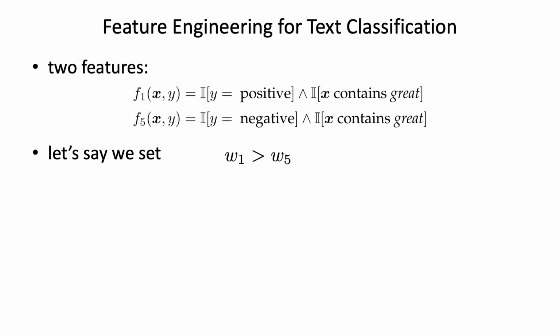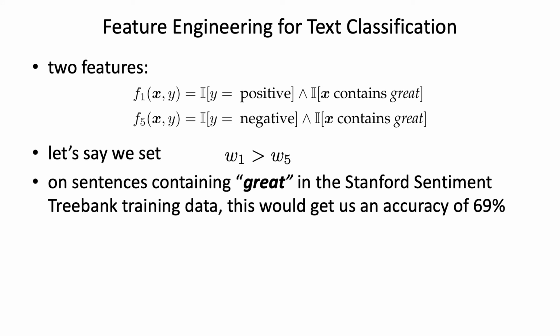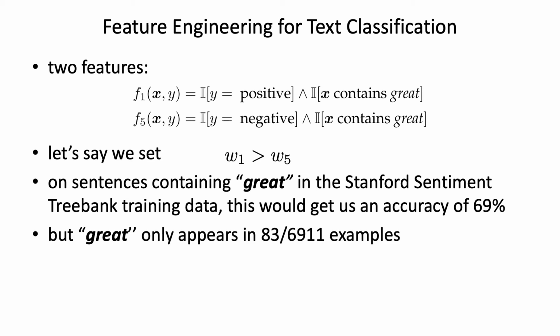Okay, back to these two features that were non-zero for our test instance. We're going to be learning these weights from data, as we'll see in the next few videos. But suppose we set W1 to be larger, and say we have no other features in the model, then on sentences in the training set with the word great, this classifier would have an accuracy of 69%. But great only appears in about 1% of sentences.